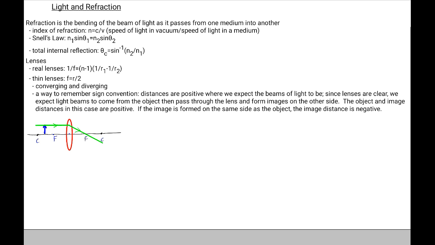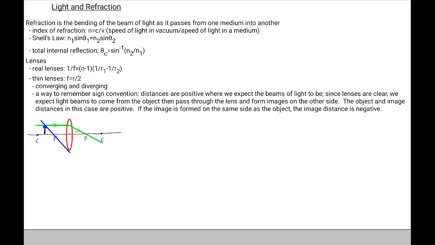Then the second beam of light is the one that starts from the object, goes through the focal point for the second surface. And my beam is a little bit off, let me redo that. So how about like that? So you see here that I had to go past the lens, and that's not a big problem.